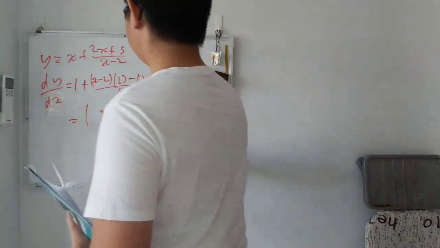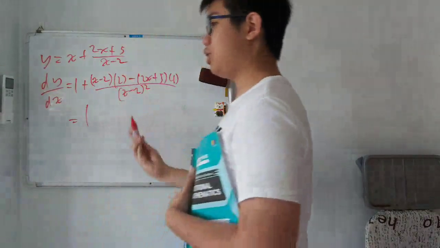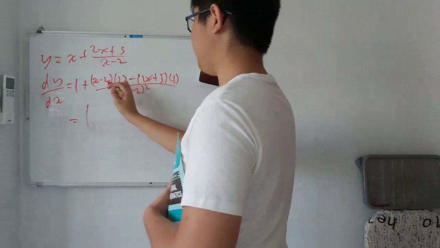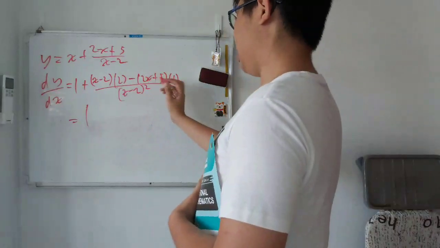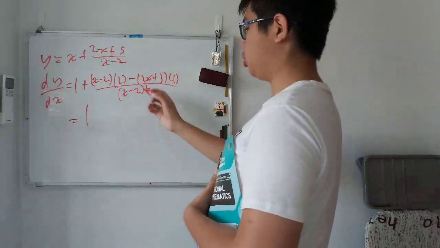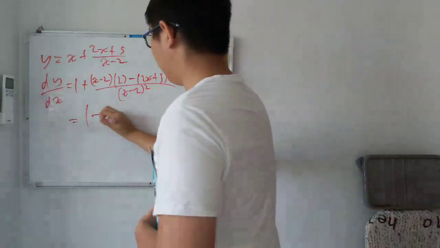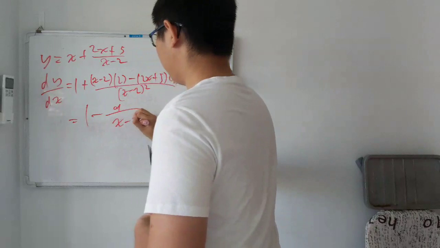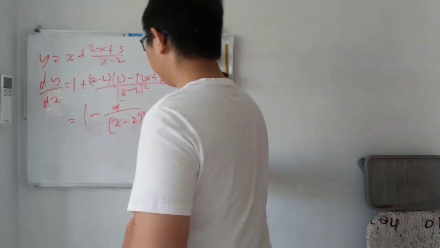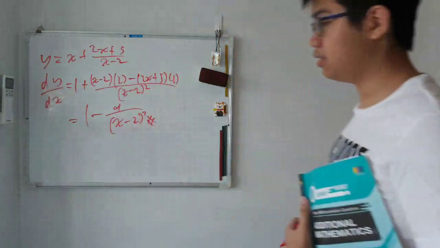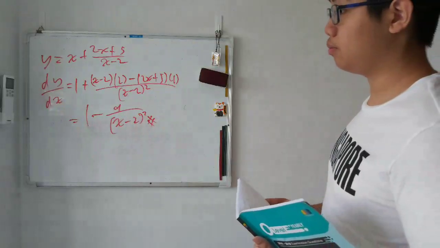We can actually simplify this. So let's say I'll actually expand it. So this will be 2x minus 4, this will be 2x minus 2x plus 5, but the 2x cancels out, so it will become minus 4 minus 5, minus 9. So minus 9 over x minus 2 squared. This is dy dx. Can we do that?